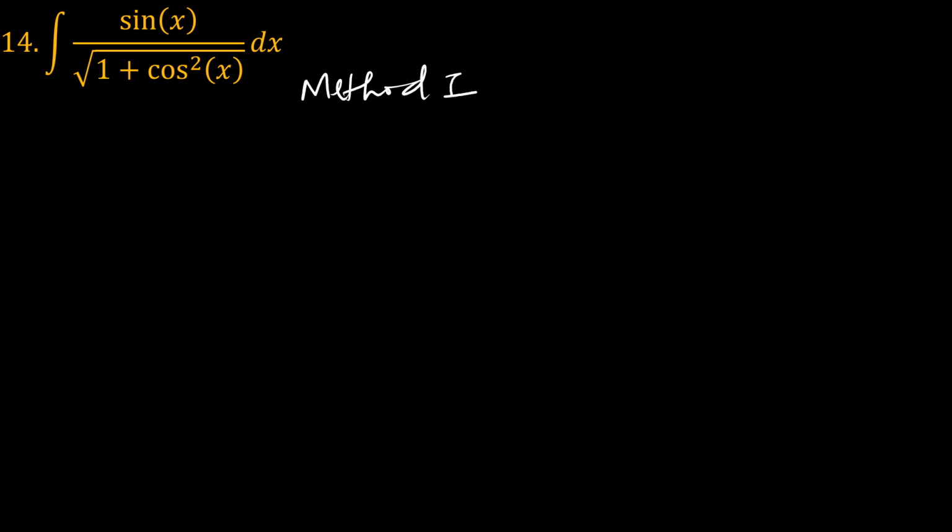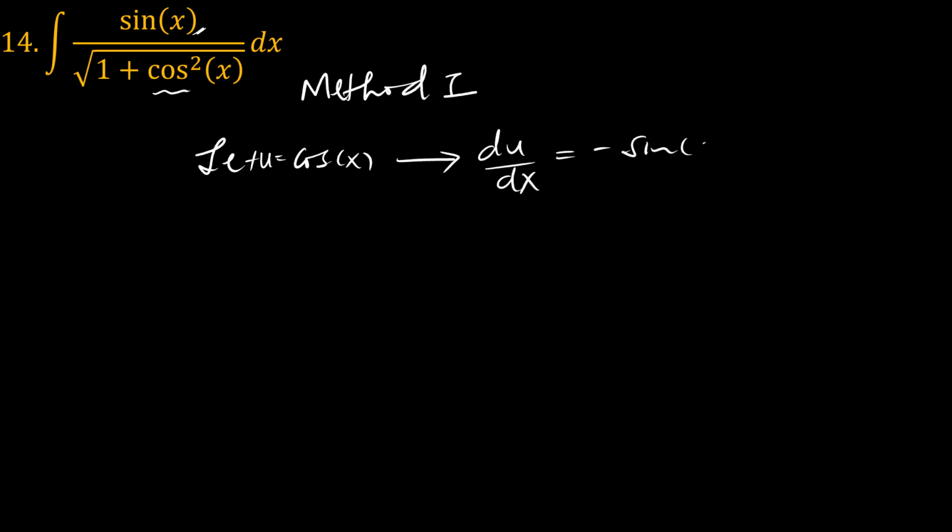Now, since if you look at this cosine x, there's a sine x here, we would want to substitute for that cosine x, and because whatever is in the numerator beautifully allows you to do that, we just say let u be equal to cosine of x, and that means that du dx equals negative sine of x, right?